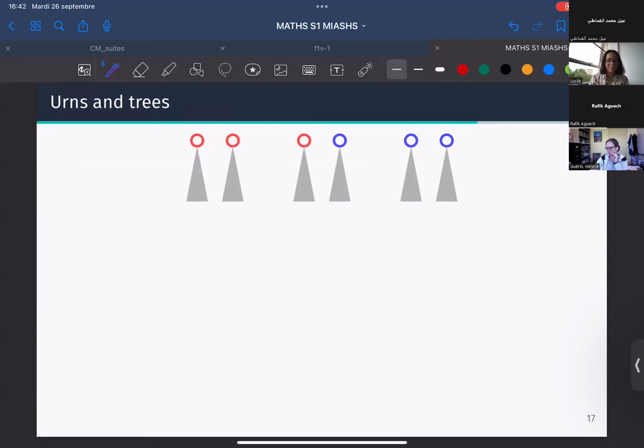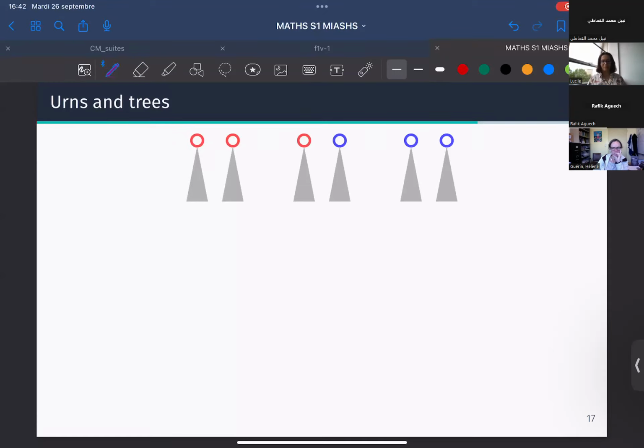Because if at time 1 you added one red ball, then at time 2 you either have one red ball and you added another red ball, or you have one red ball and you added a blue ball. That means you performed the step to the right, and either you did another step to the right, or you did the opposite and did the step to the left. And if at first you had one blue ball, at time 2 you have either two blue balls or one red and one blue.